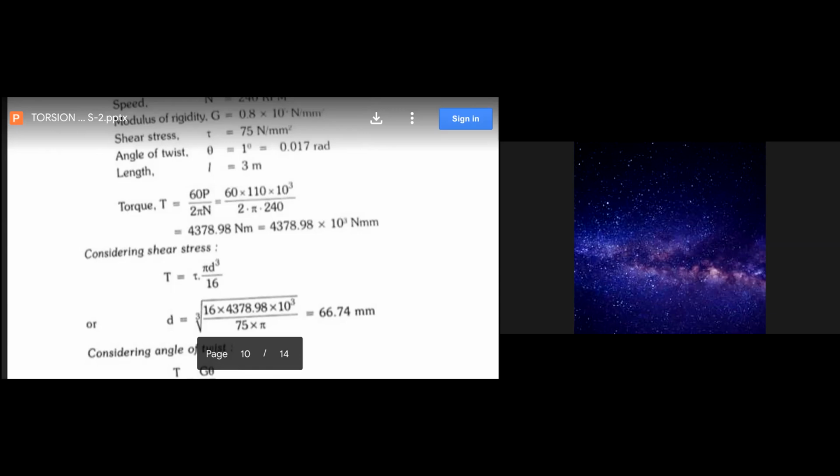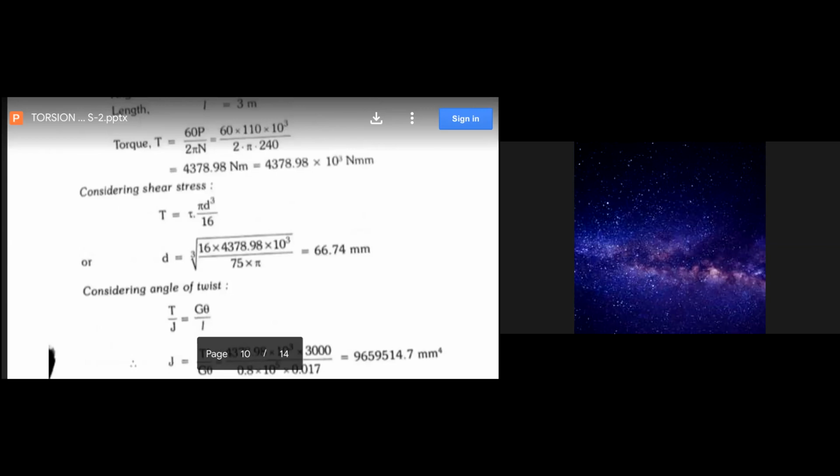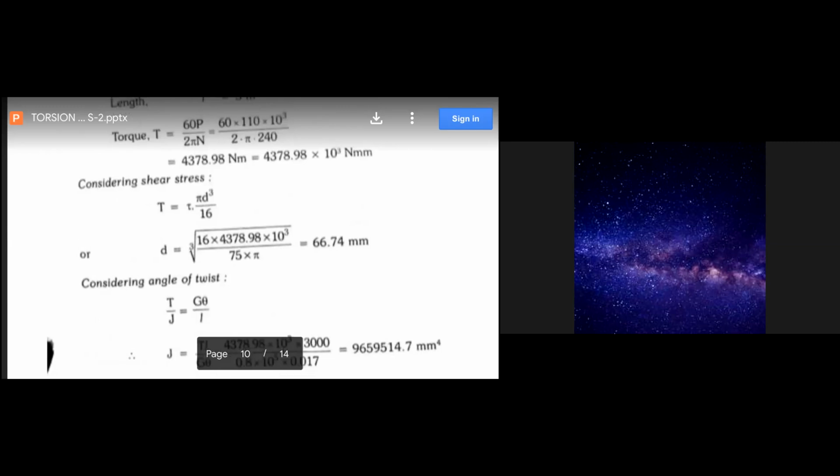So d is equal to cube root of 16 T by pi into tau. So substitute values 16 into T, 4378.98 into 10 cube by 75 into pi. We will get D value from this. D value is 66.74 mm, from shear strength.